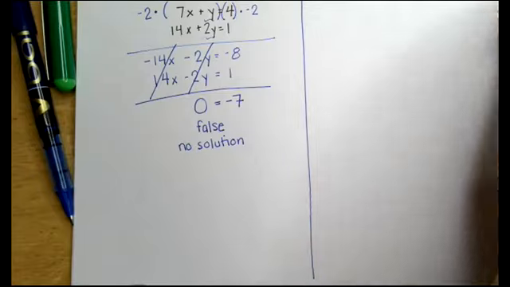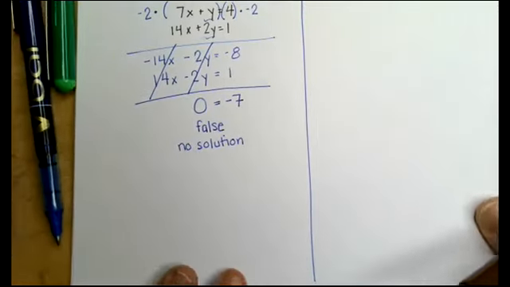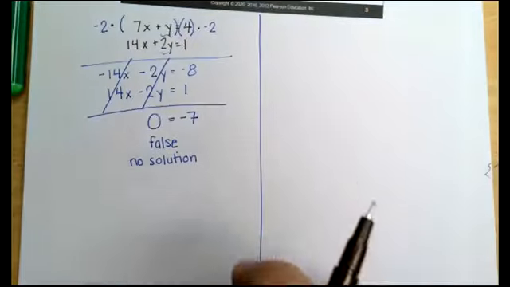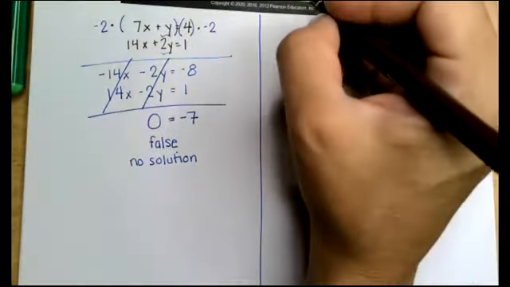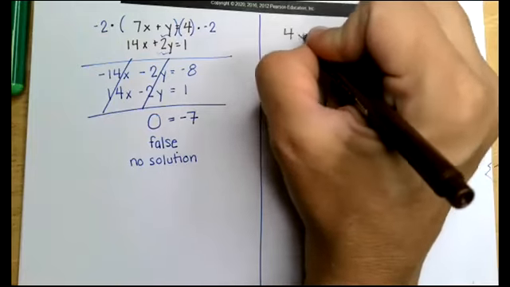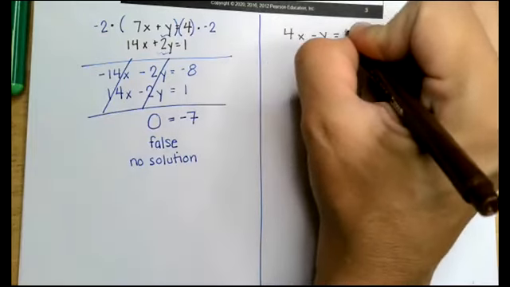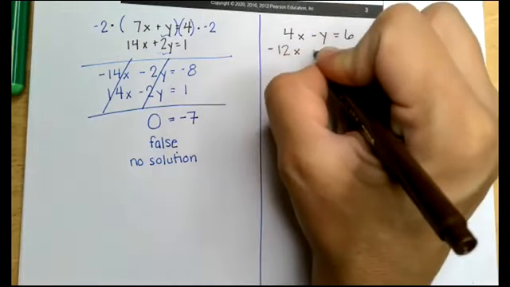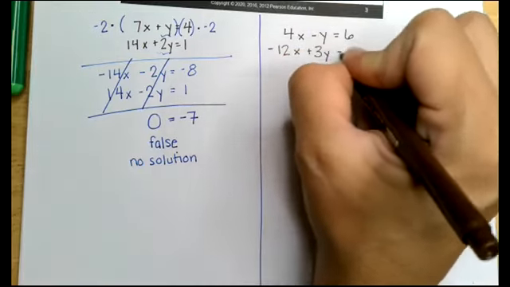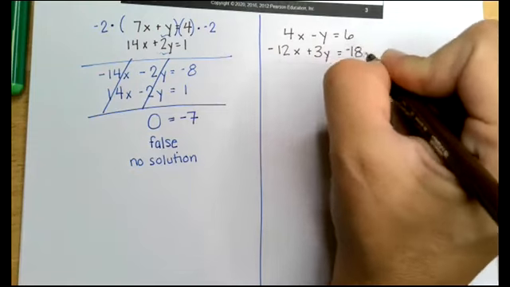All right, let's try the other one. The other one says 4x minus y equals 6 and -12x plus 3y equals -18.